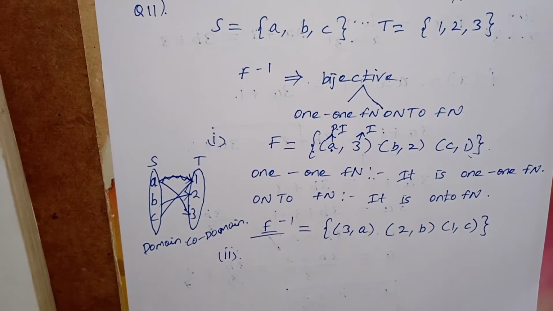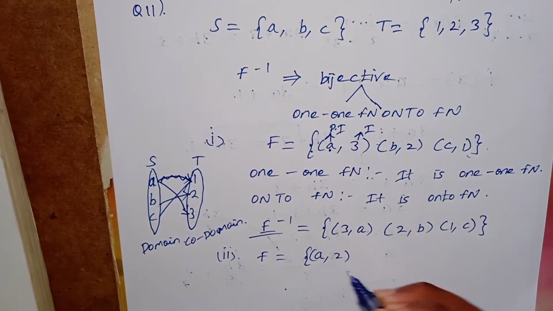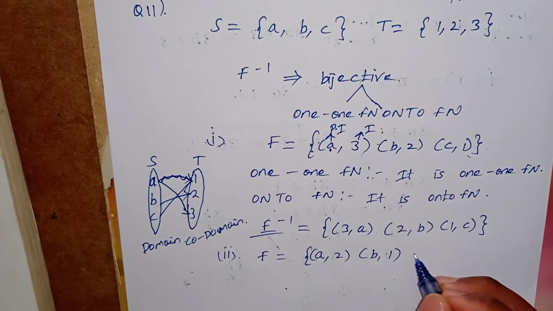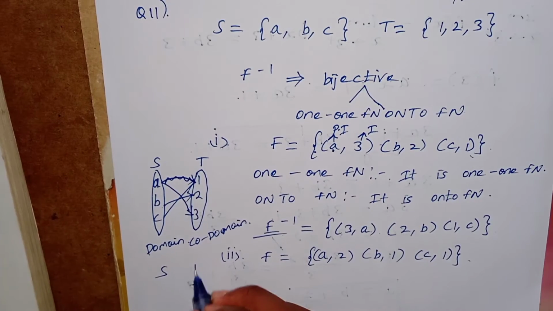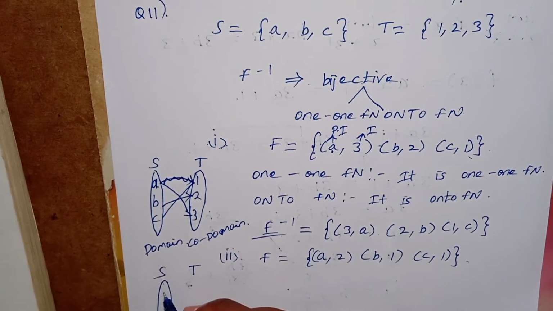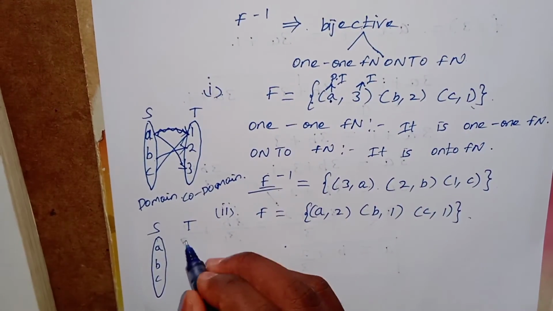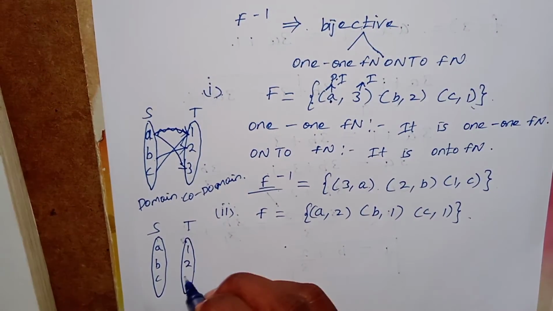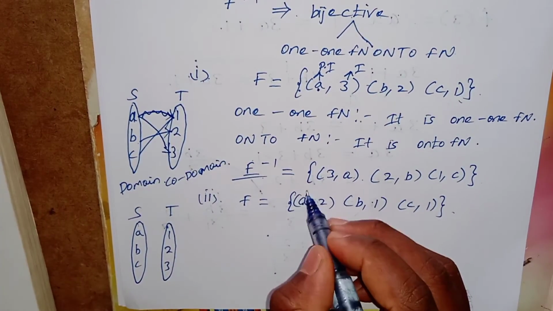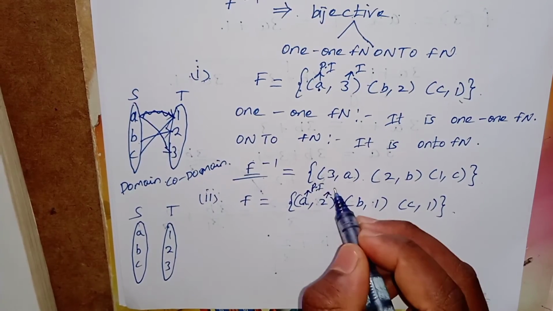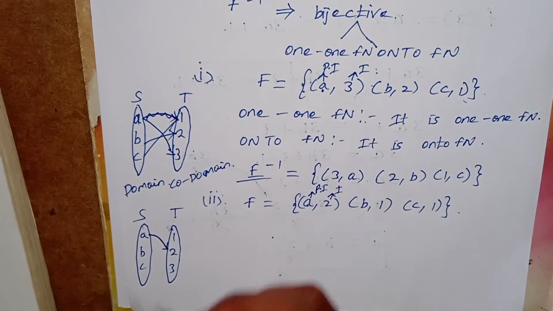Next, subdivision 2. f is equal to {(a, 2), (b, 1), (c, 1)}. Therefore here my S is a, b, c and T is 1, 2, 3. A has image 2.